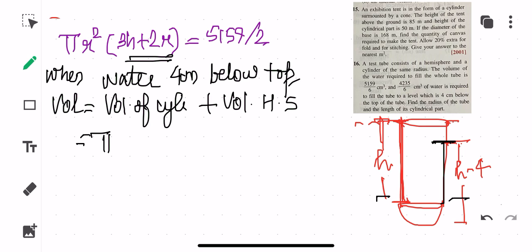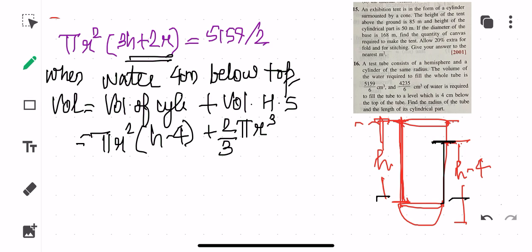So you will be getting, just write down this, children. We have been asked height and radius. So this is going to be equal to pi r square, no doubt about this, but the height is getting reduced, so this will be h minus 4, plus hemisphere volume remains the same, that is 2 by 3 pi r cube.